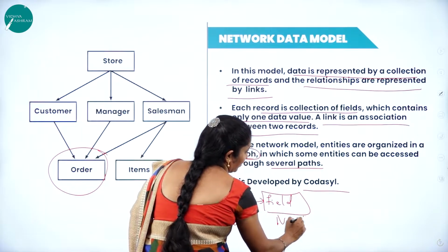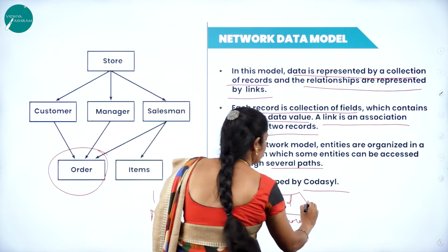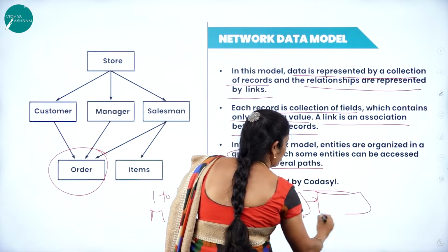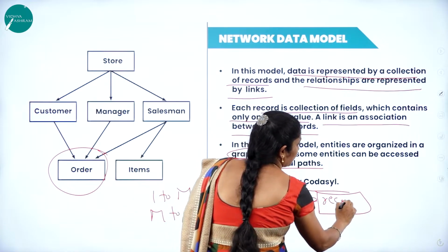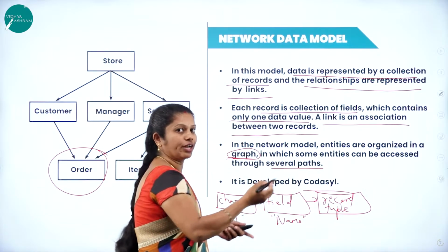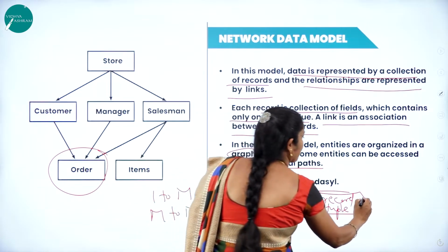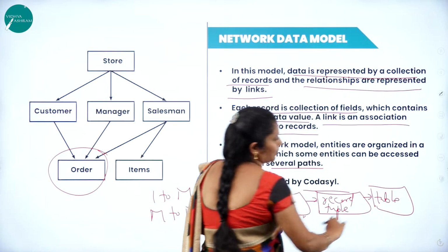N-A-M-E, name, can be called a string, a collection of characters. The collection of these fields can be called a record, or I can call it a tuple also. The collection of records can be called a table.